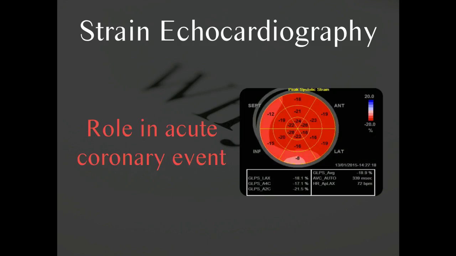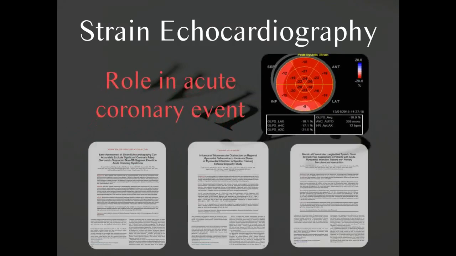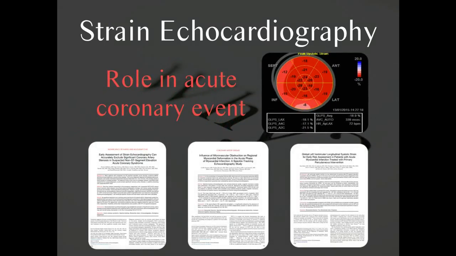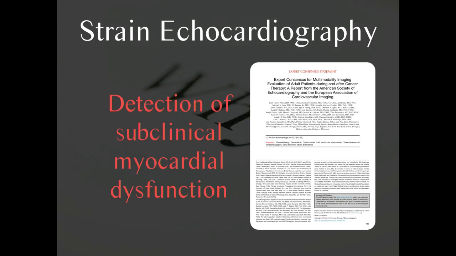We've already seen that strain plays a role in acute coronary events. Again, this patient had strain changes and went on to have a non-ST elevated MI. But strain can actually be a predictor of our final infarct size. It can show us the patency of an infarct-related artery, and it helps give us outcome data after revascularization.